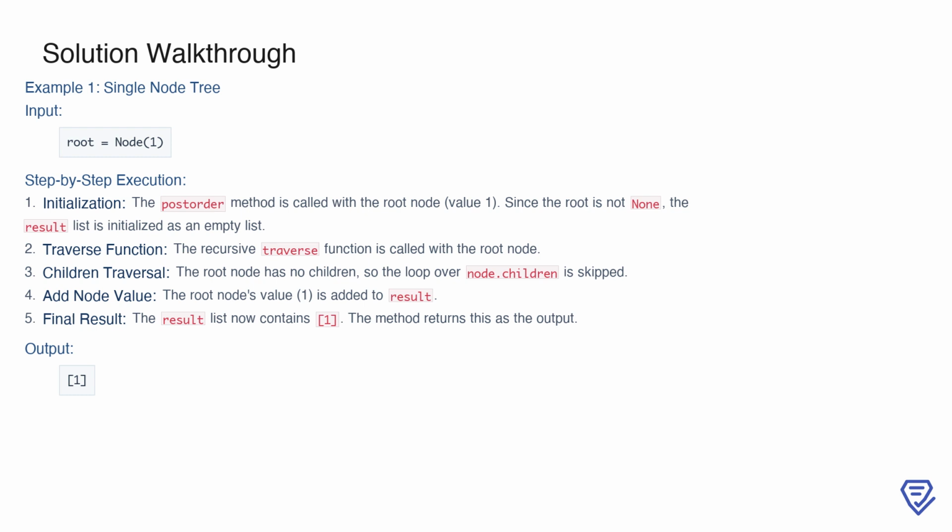Inside the traverse function, we attempt to iterate over the children of the node, but since there are no children for this node, the loop is skipped. The value of the root node, which is 1, is then added to the result list. Finally, the method returns the contents of the result list, which is [1]. This demonstrates that for a single node tree, the postorder traversal is simply the value of the root node itself.